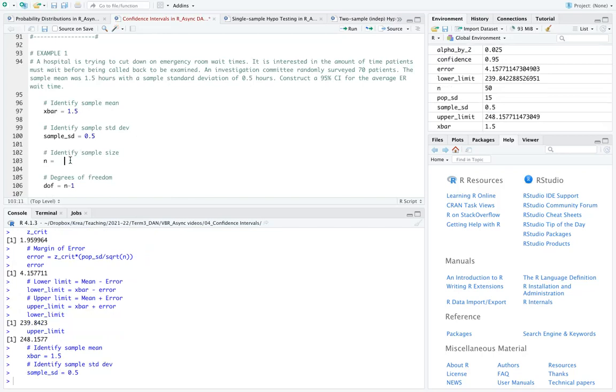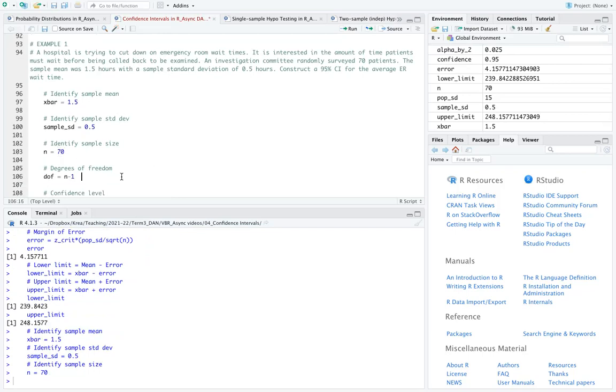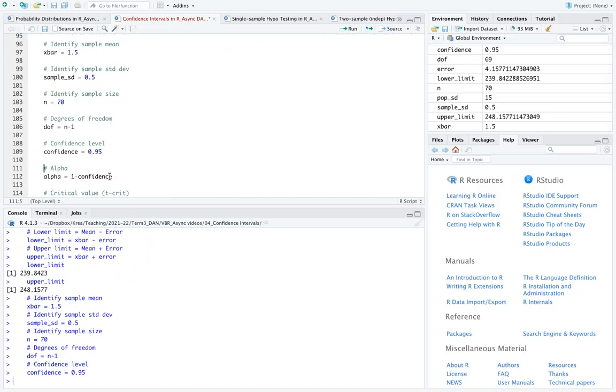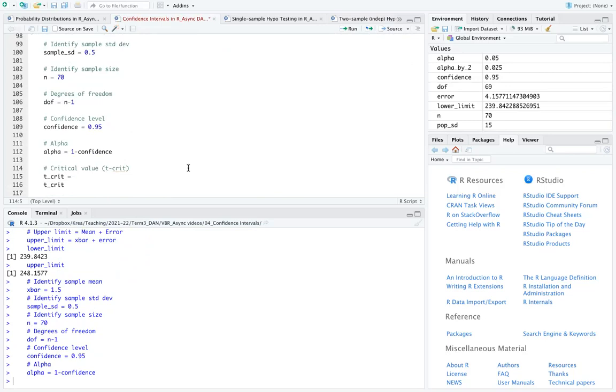The sample size is given to be 70 patients. And the degrees of freedom is generally n-1, so that will be 69. The confidence level is 95%, so it will be 0.95. Alpha is going to be 1 minus confidence, so that will be 0.05. And let me just construct alpha by 2, which is nothing but alpha divided by 2.